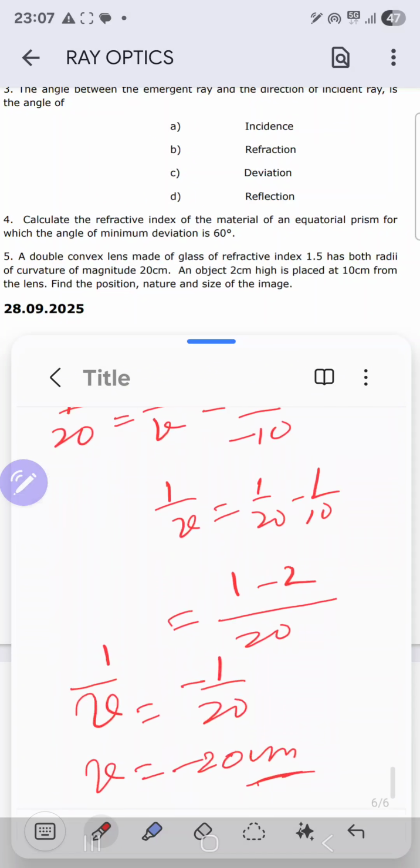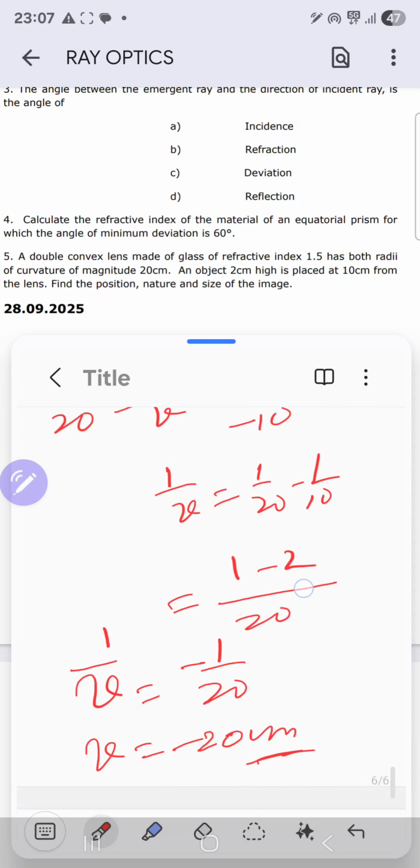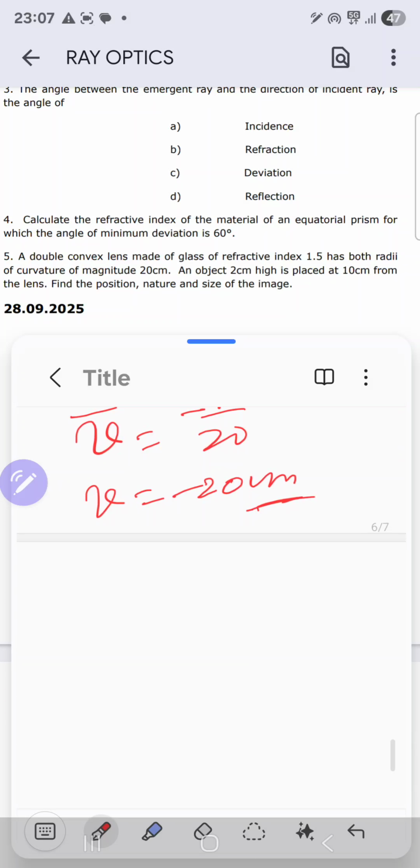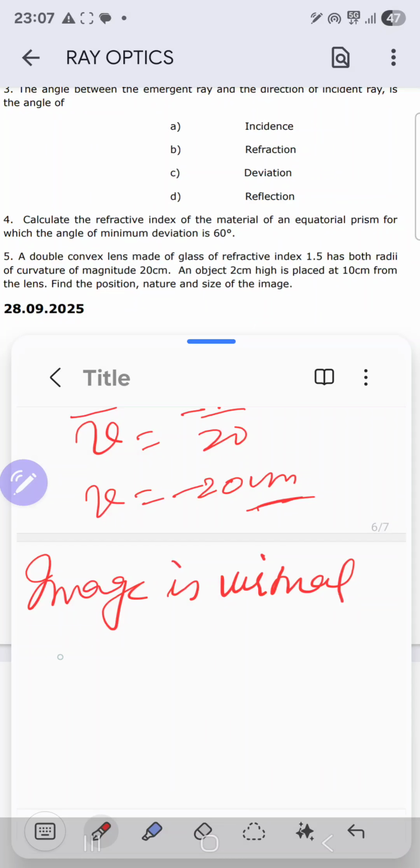So in this case the image would be virtual and erect because it is on the same side as the object. Image is virtual and erect. This shows the nature. This is the position.